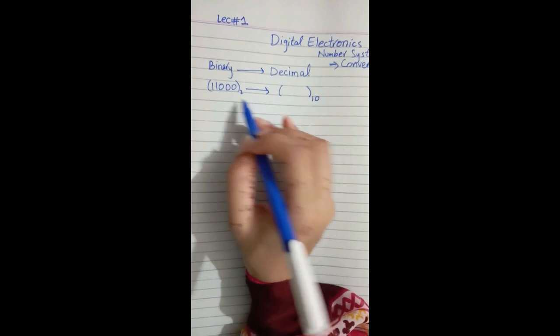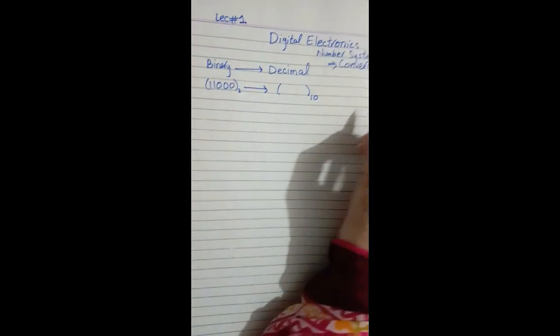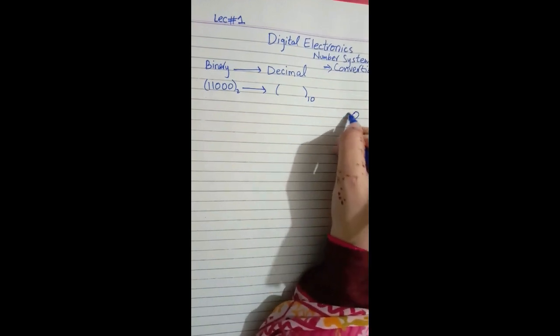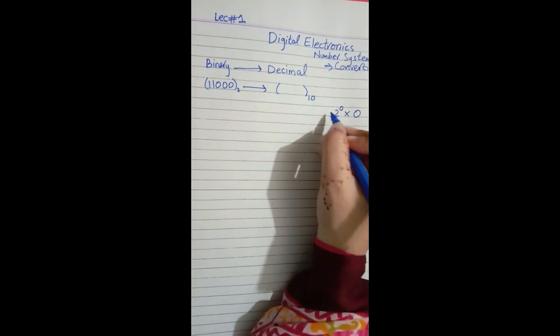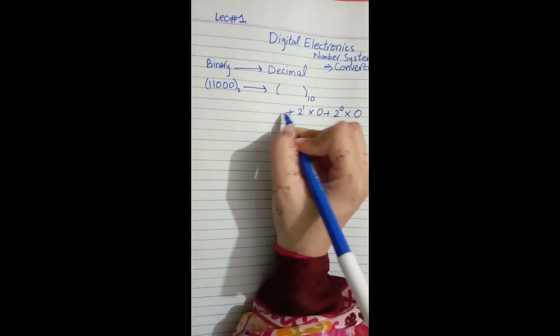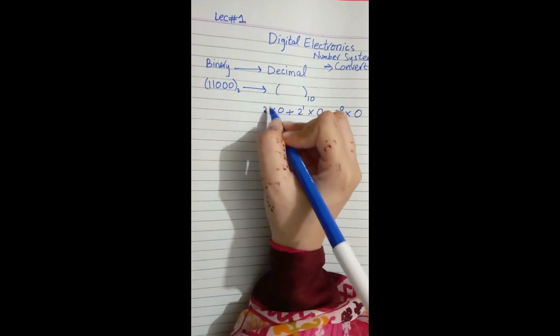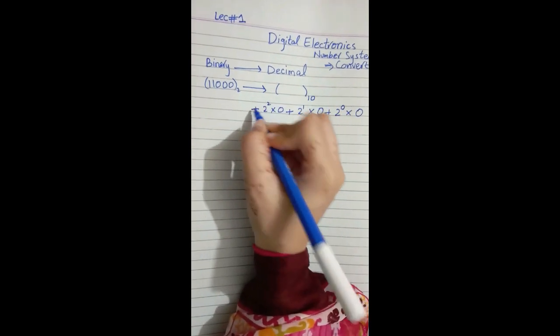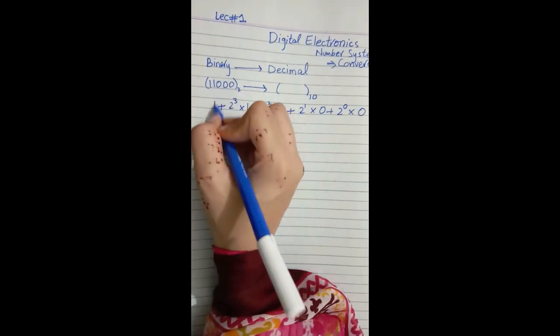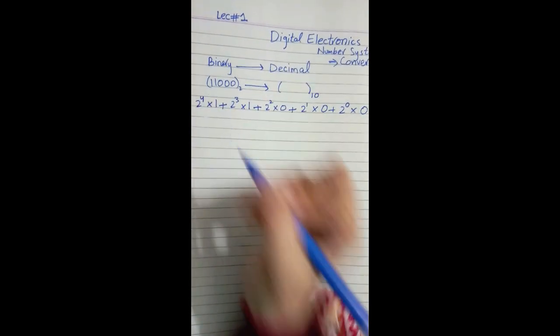We will use the multiply system, that we will write the digits of the binary, that is 0 multiplied by 2 raised to power 0 plus 0 multiplied by 2 raised to power 1 plus 0 multiplied by 2 raised to power 2 plus 1 multiplied by 2 raised to power 3 plus 1 multiplied by 2 raised to power 4.